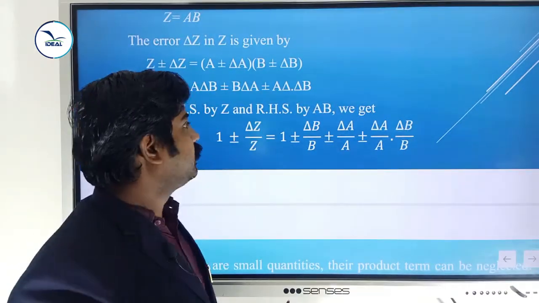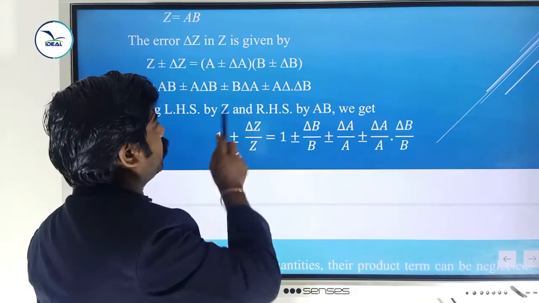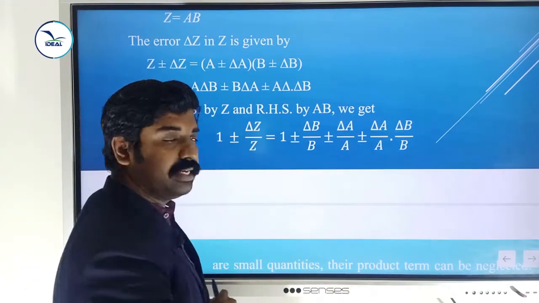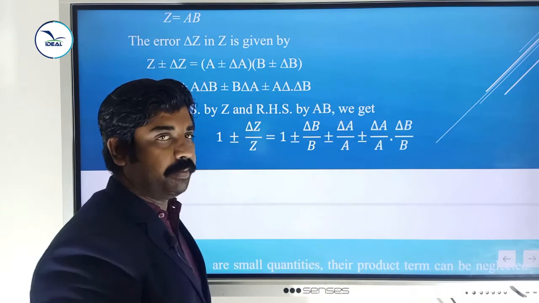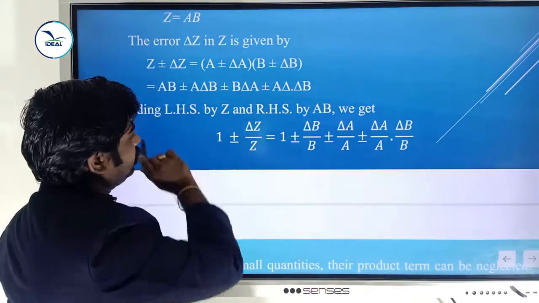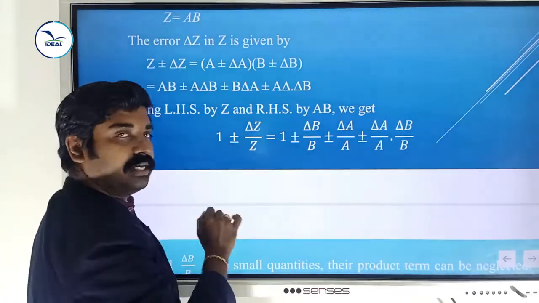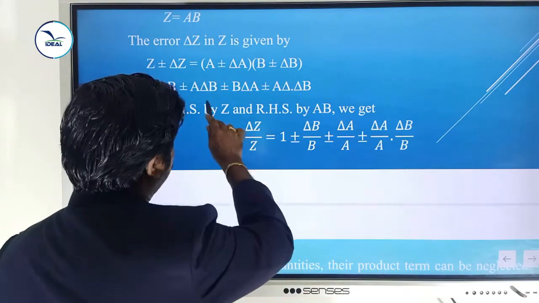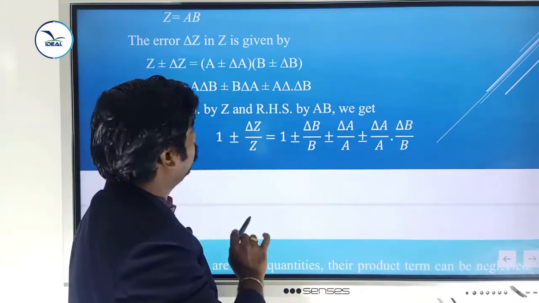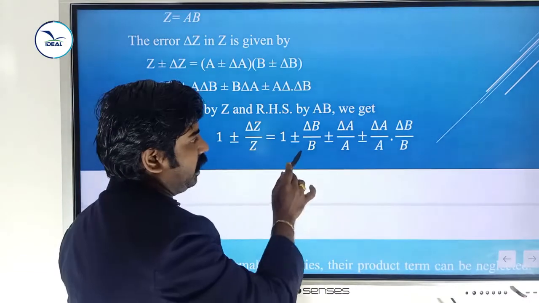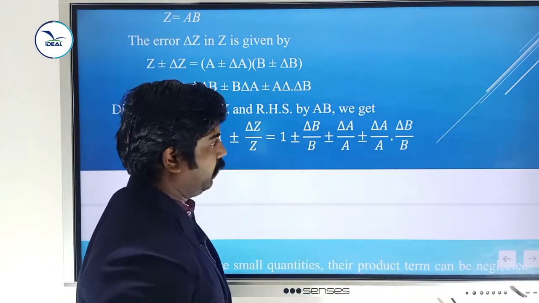Now we can divide this equation by Z equal to AB, that is LHS by Z and RHS by AB. So Z by Z is 1, delta Z by Z as it is. Then AB by AB is 1. Then A into delta B by AB, delta B by B.